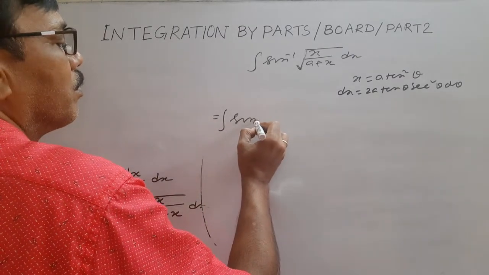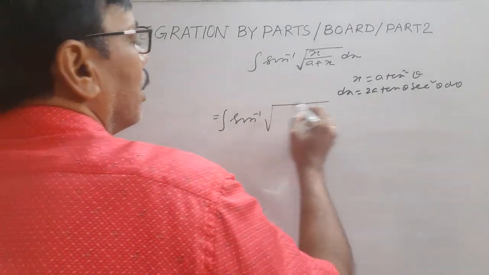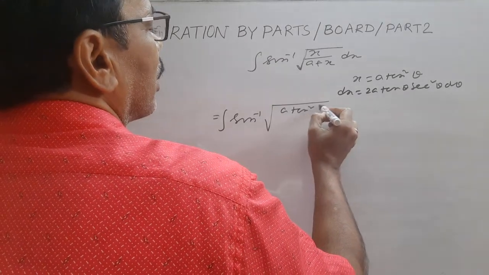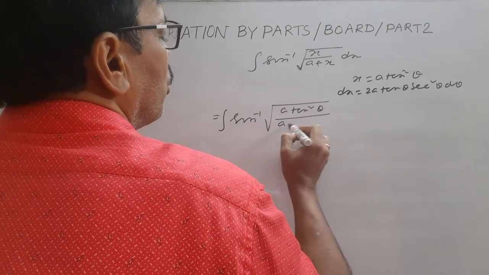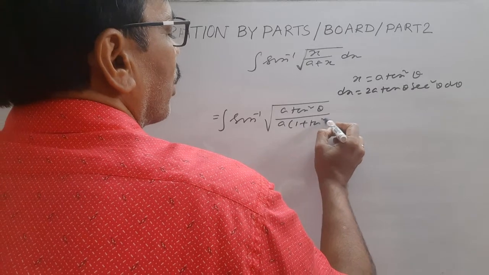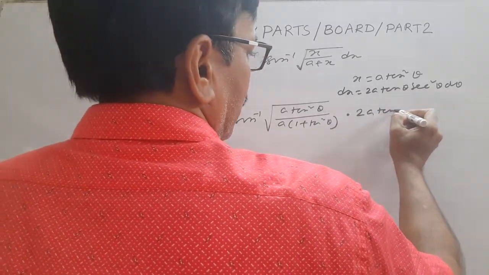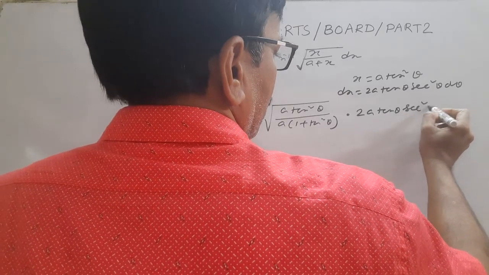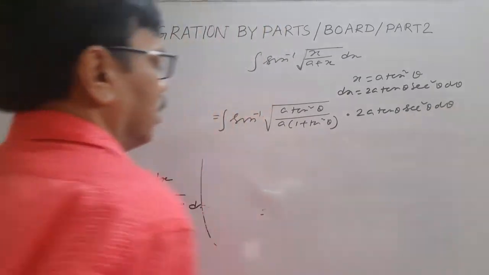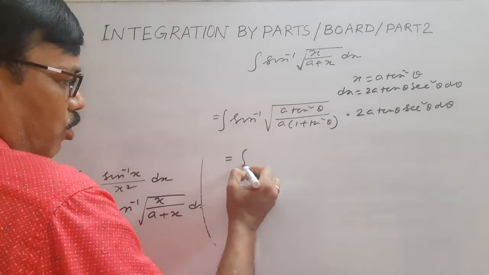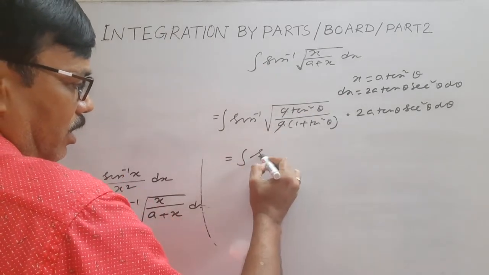So sin inverse root of a tan square theta over a common 1 plus tan square theta. Now put dx, 2a tan theta sec square theta dθ. So a cancels.